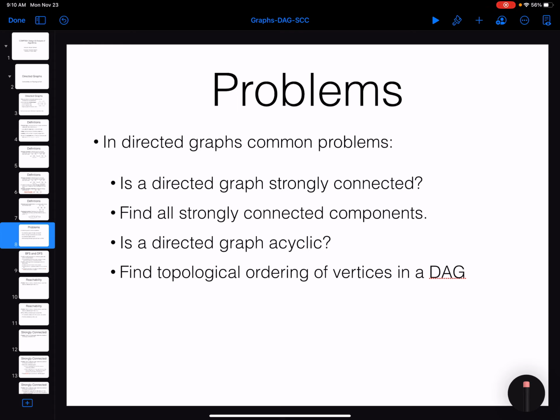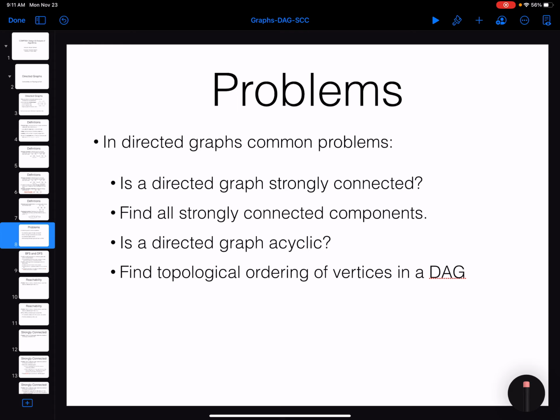I'm going to show you this set of problems that we have here. They are common problems over directed graphs, and there are many applications for them. I'll add some slides explaining the applications.